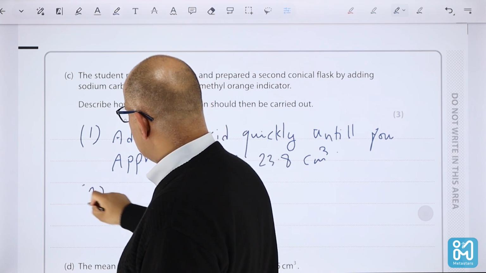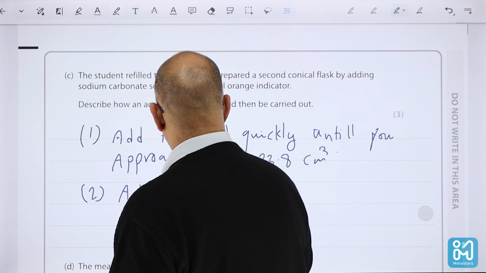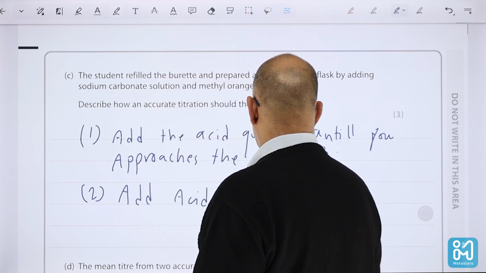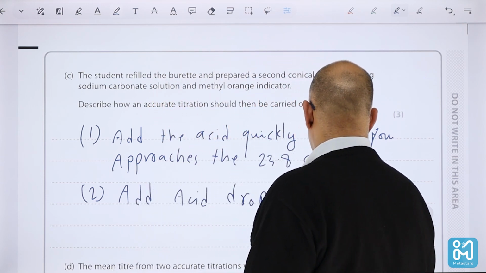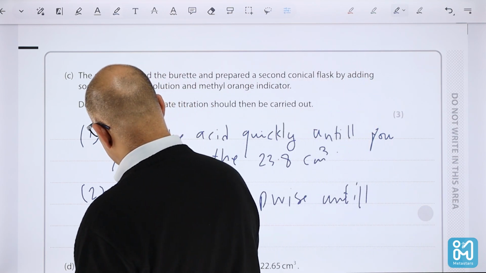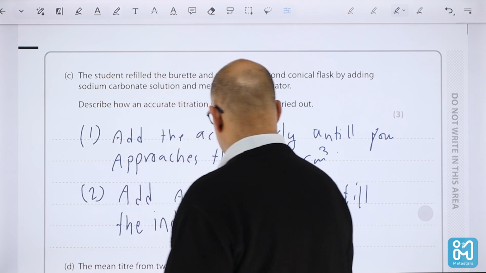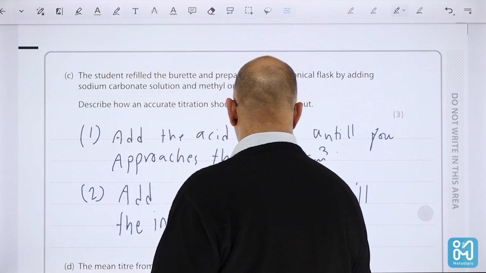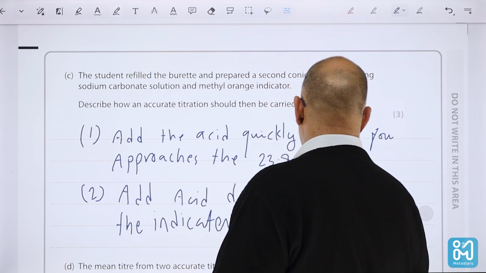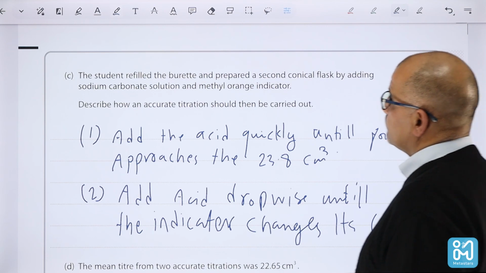Then add acid dropwise until the indicator changes its color. Okay.